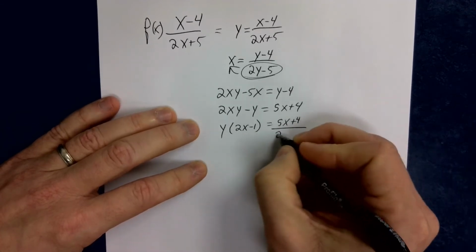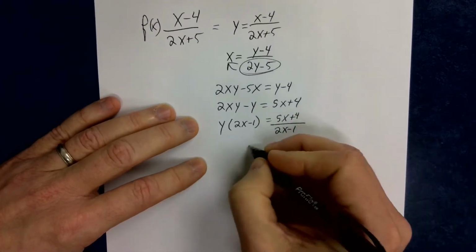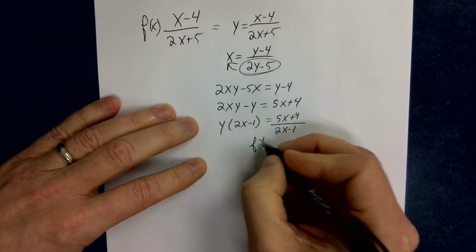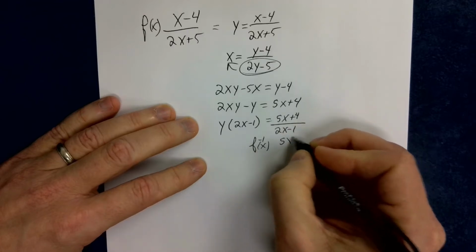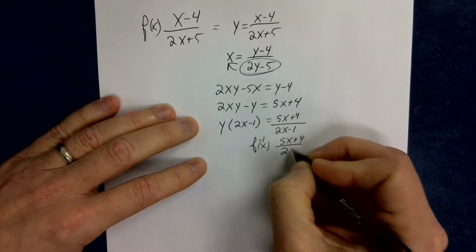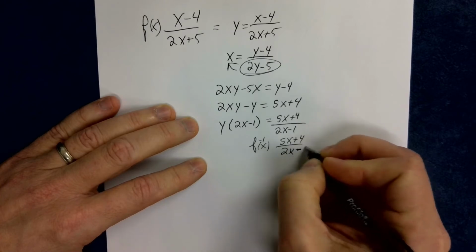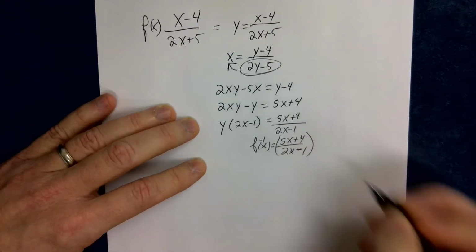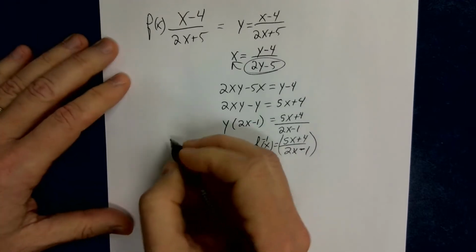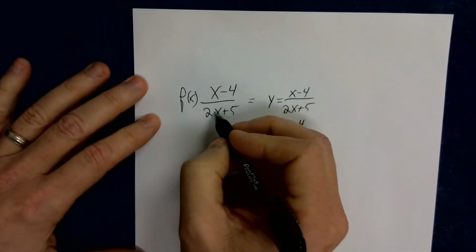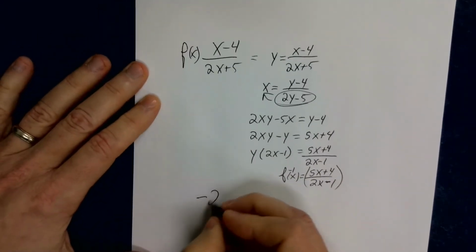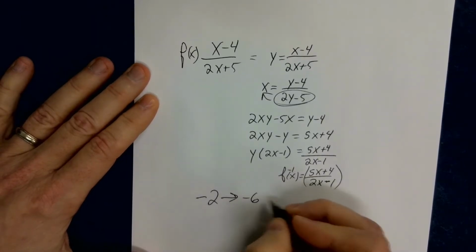Then divide by 2x minus 1. And f inverse of x should equal 5x plus 4 over 2x minus 1. That should be my inverse. So now, once again, in my original problem I took a negative 2 and plugged it in and got negative 6.